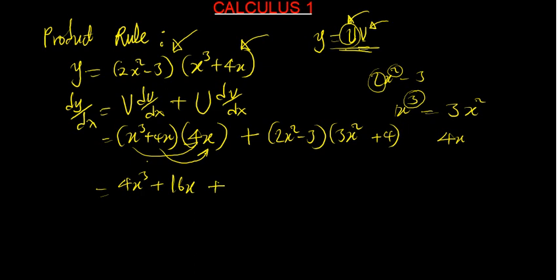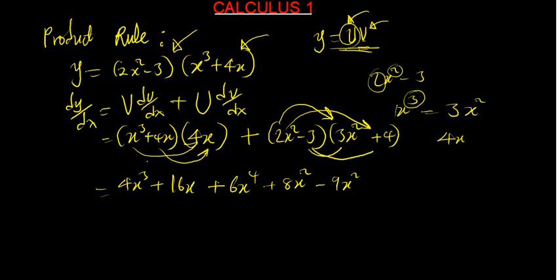And then plus, we go to this one, we multiply that, 2x squared times 3x to the power 2, we get 6x to the power 4. Then 2x squared by 4, we get 8x squared. Negative 3 by 3x squared, we get negative 9x squared. Negative 3 by 4, we get negative 12.